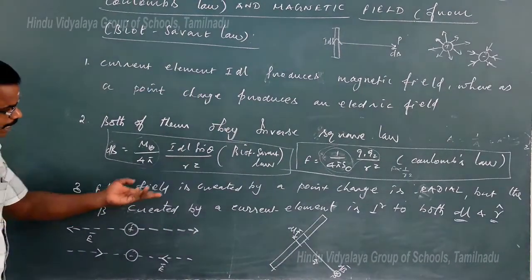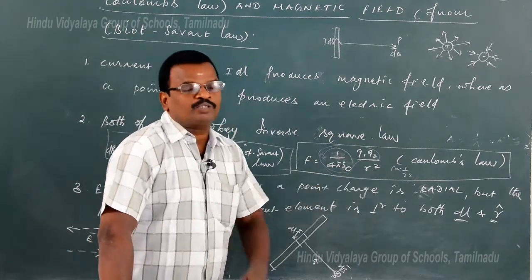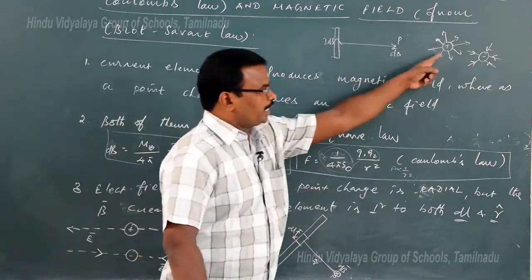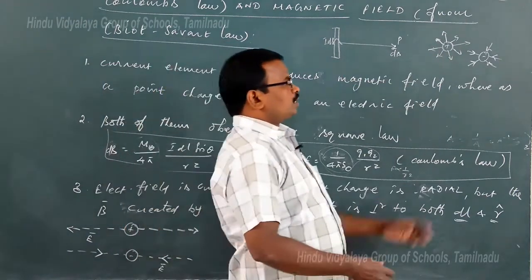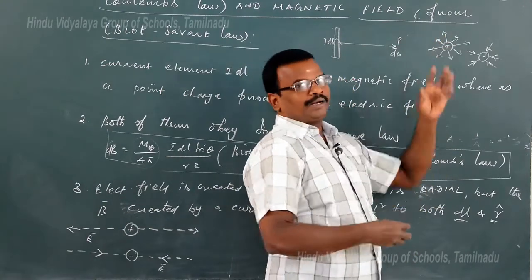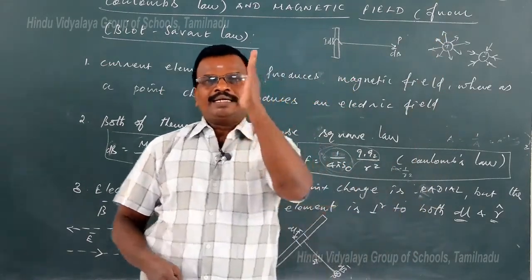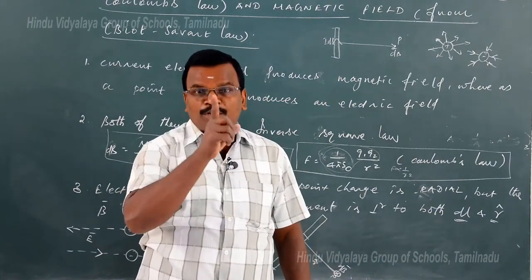Third point, the electric field created by a point charge is radial. It's a very important point. If the charge is positive, the electric lines of force coming out from the charge are radially outward. Radius means what? Radius is the line drawn from the center of a circle, perpendicular to the tangent.